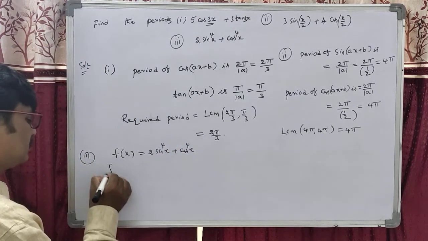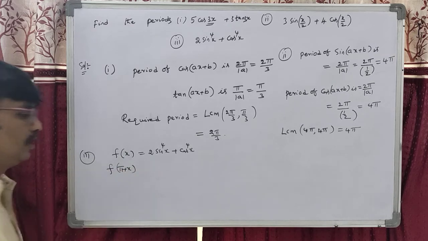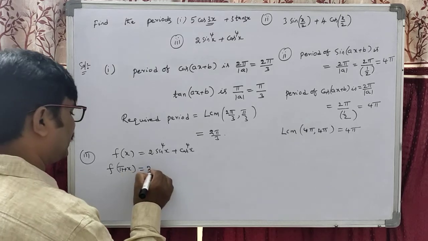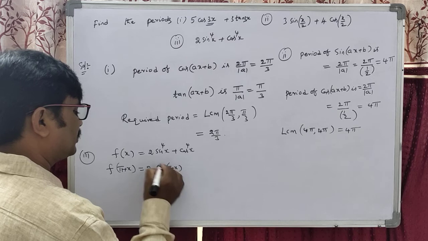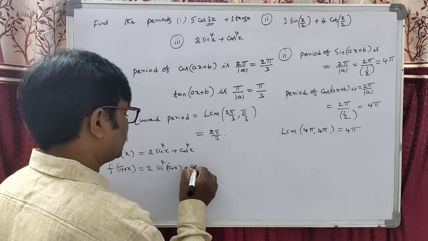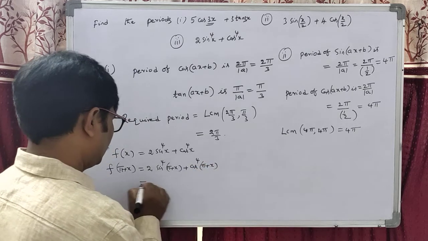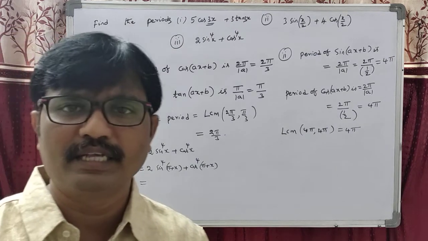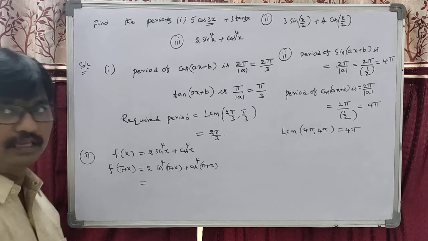This can be written as f of pi plus x. How to write this? f of pi plus x is 2 into sin of pi plus x whole power 4, plus cos power 4 of pi plus x. Sin of 180 plus theta is in the third quadrant, so minus sin theta, and minus to the power 4 is plus.